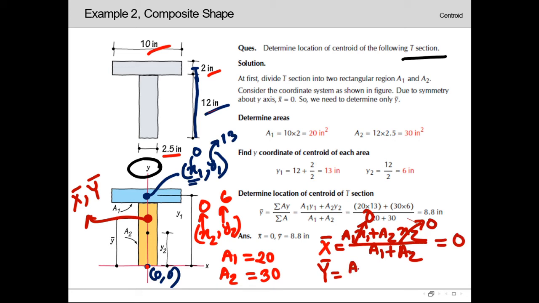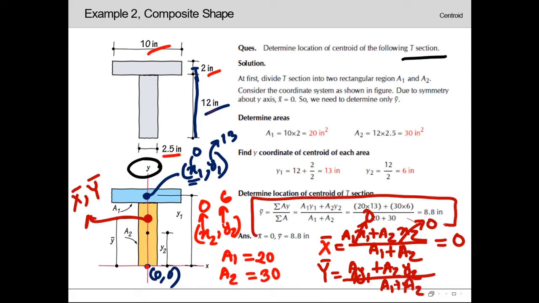Now applying the formula of y bar, a1 y1 plus a2 y2 divided by a1 plus a2, plugging the value of y1 as 13 and y2 as 6, and a1 and a2 in this formula, we will get the value of y bar.